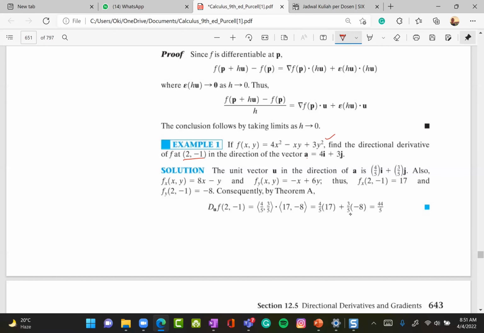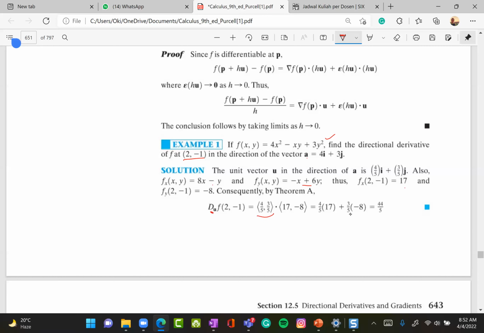Compute now the partial derivative x, y is this. And thus plug in (2, -1). Okay, so the directional derivative with respect to u. Okay, so this notation also, we use this one.